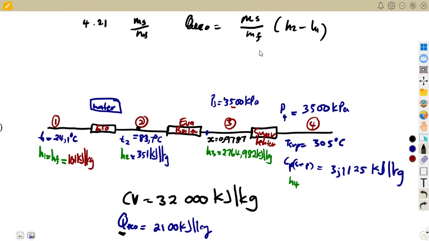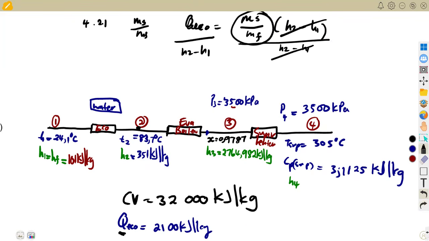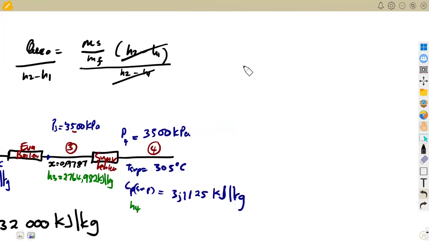So how can we find this? We simply have to divide by H2 minus H1. So this will cancel, and we've got the mass of steam over the mass of fuel, which is this part that we want here. Let's leave it aside. I hope you understand me, guys.